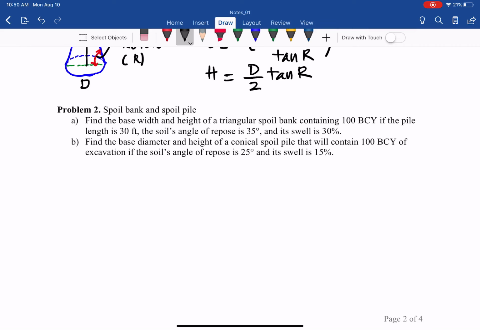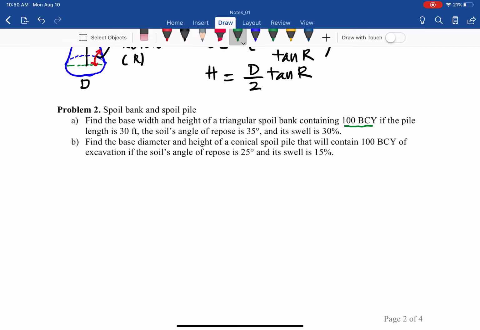First, find the base width and the height of a triangular spoil bank containing 100 BCY, bank cubic yards. The pile length is 30 feet, the spoil angle of repose is 35 degrees, and its swell is 30%. As you can see, the bank condition is 100 BCY.